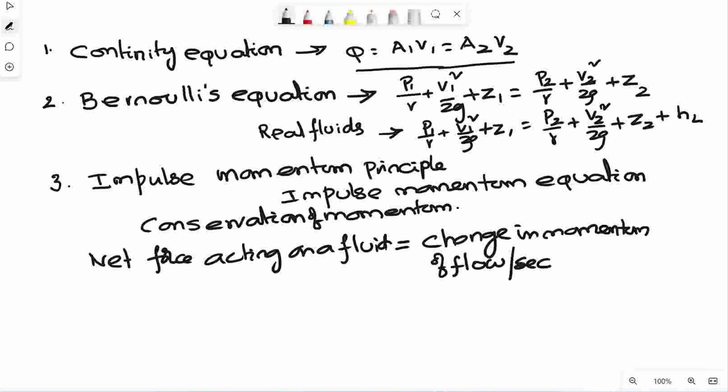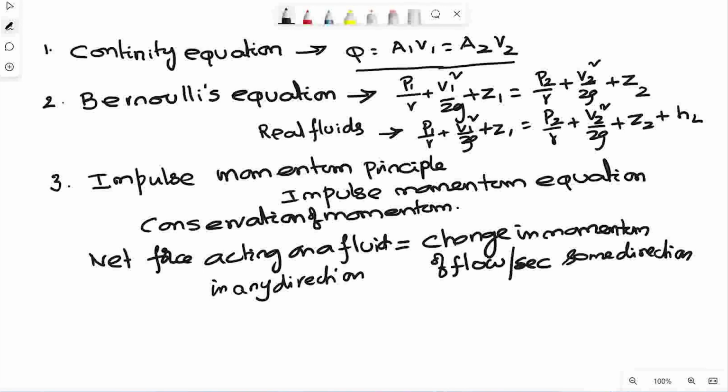You take any direction, the net force acting on the fluid in that direction, and the change of momentum in the same direction.